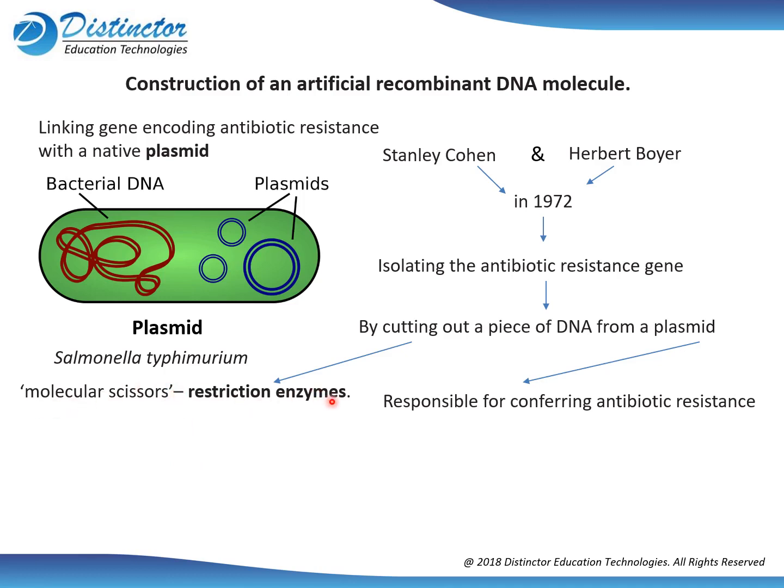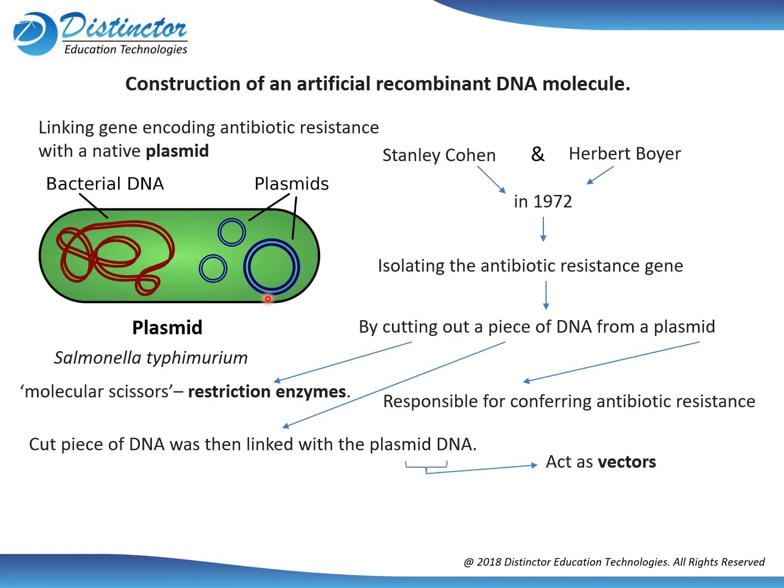So they used the restriction enzyme to cut the antibiotic resistant gene from that plasmid. Then the cut piece of DNA was linked with the plasmid DNA, that is, the Salmonella typhimurium plasmid DNA. Then this plasmid acts as a vector, because it has an antibiotic resistant gene. When we introduce it into any other bacteria, they also get that antibiotic resistant gene.